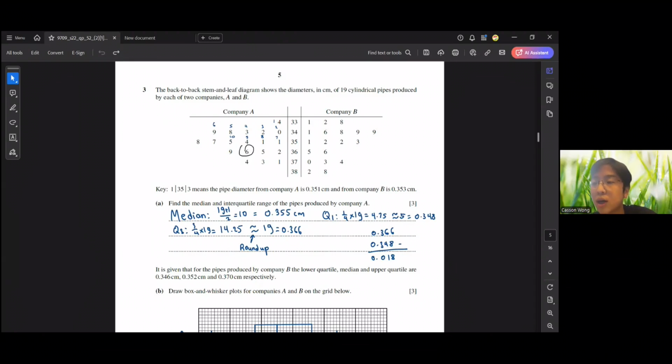For quartile 1, it's 1 over 4 times 19, which is 4.75. And we round up to 5, and it is 0.348. This one. So interquartile range is Q3 minus Q1, which is 0.018.